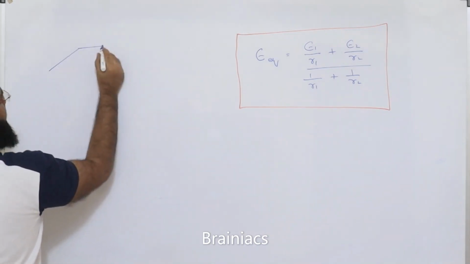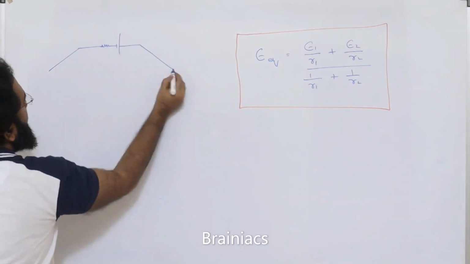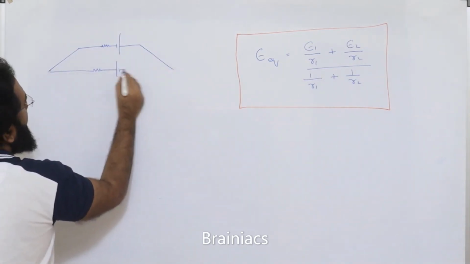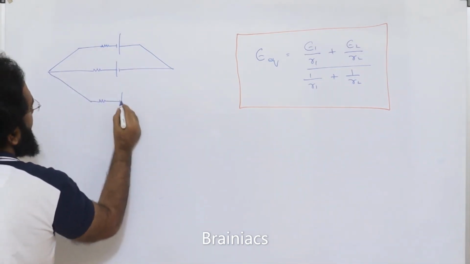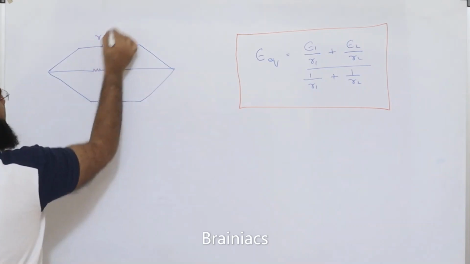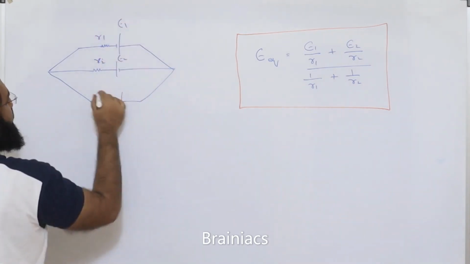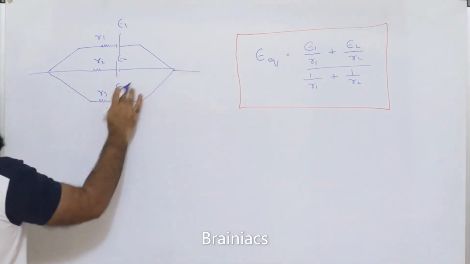Suppose if we draw a circuit like this, if I reverse a polarity. So this is R1, this is E1, R2, this is E2, R3 and this is E3.